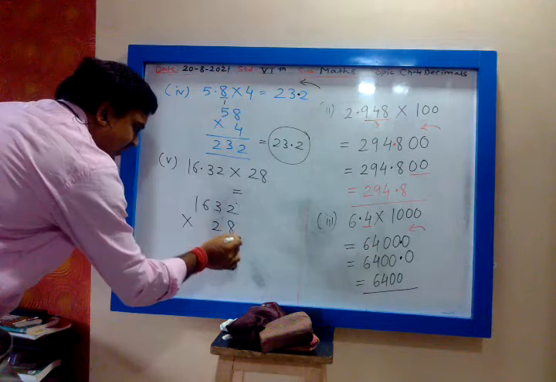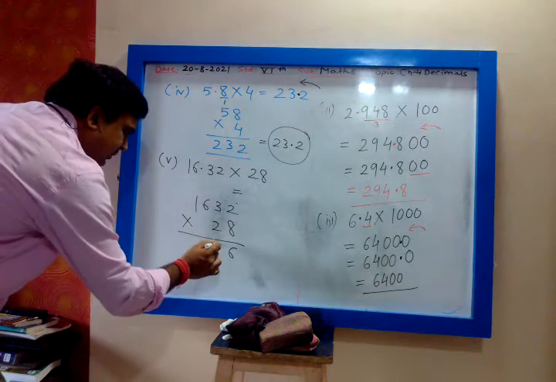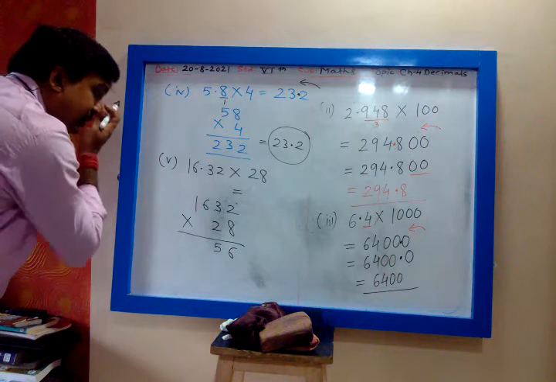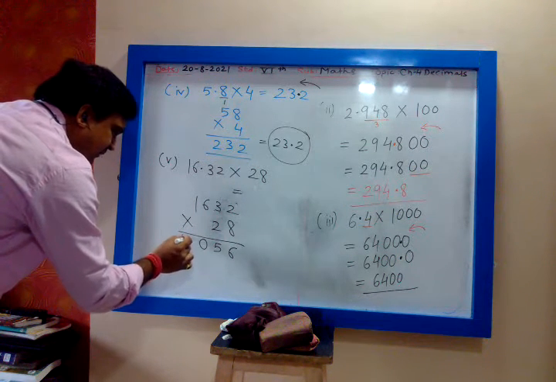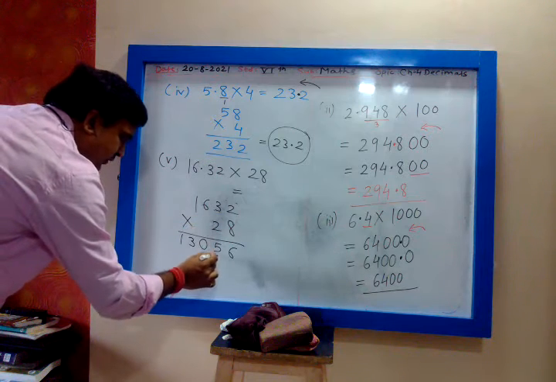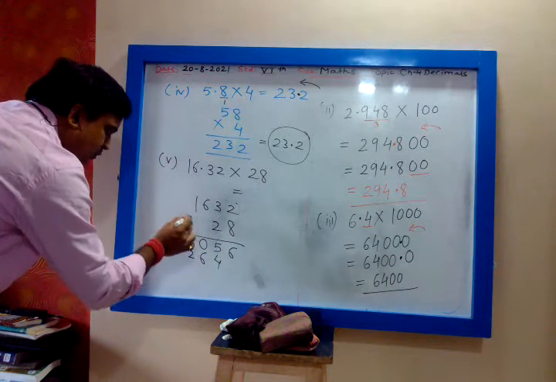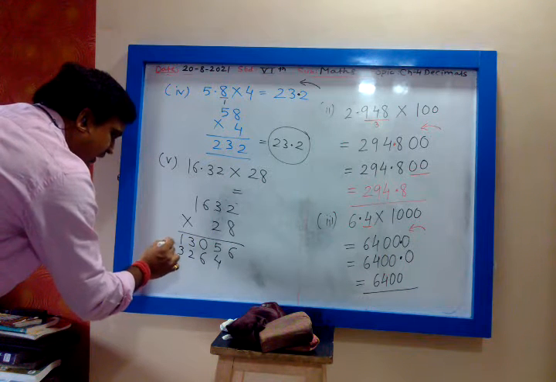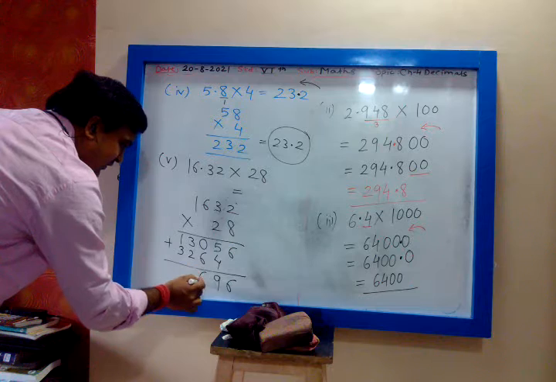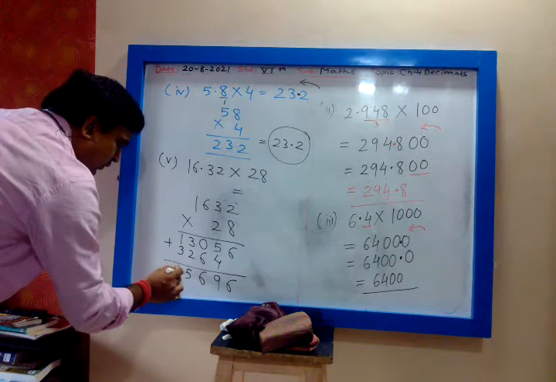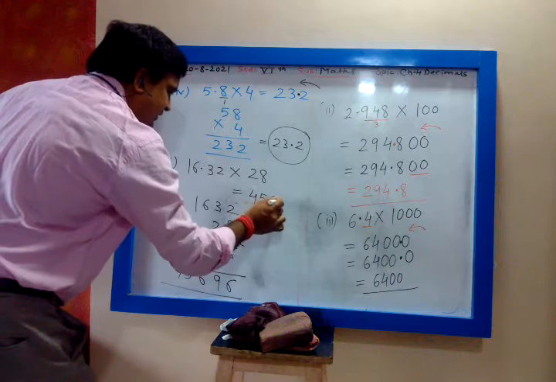Let us multiply. 8 2s are 16. 8 3s are 24 plus 1, 25. 8 6s are 48 plus 2, 50. 8 1s are 8 plus 5, 13. 2 2s are 4. 2 3s are 6. 2 6s are 12. 2 1s are 2 plus 1, 3. Add them. So that is 4 5 6 9 6.